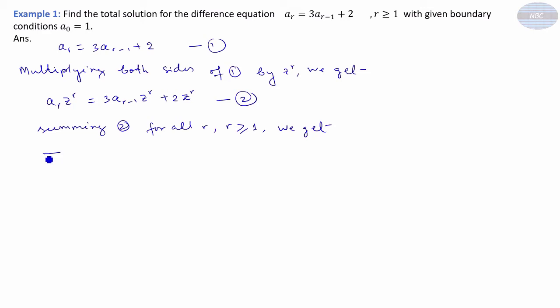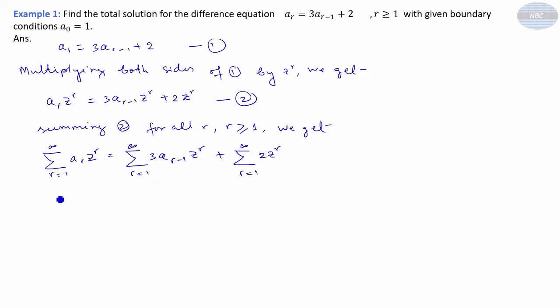We get the summation from r equal to 1 to infinity of ar z to the power r equal to the summation from r equal to 1 to infinity of 3 times ar minus 1 z to the power r plus the summation from r equal to 1 to infinity of 2 times z to the power r.